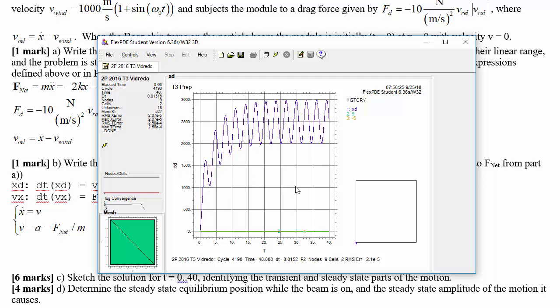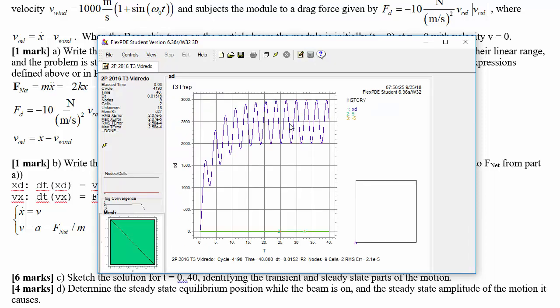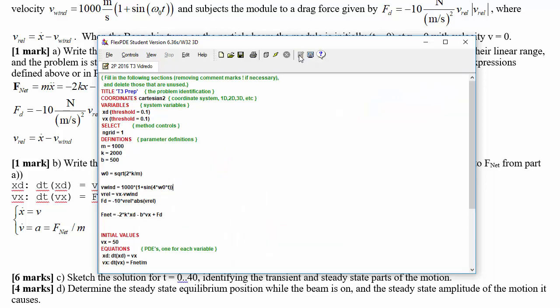So if we go back to the problem here, and now imagine that instead of omega naught, we're going to use 4 times omega naught. So the wind is not any stronger, it's just oscillating faster. So this should probably give the same equilibrium position, but a smaller amplitude. Let's check.